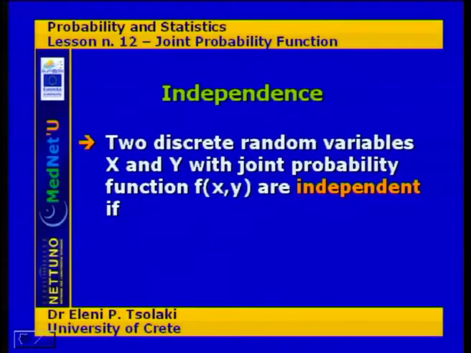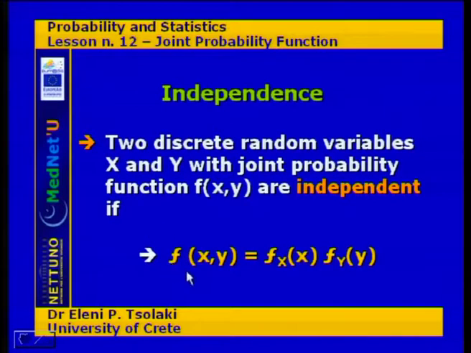Two discrete random variables, x and y, with joint probability function f_XY, are called independent if their joint probability function is equal to the marginal of x multiplied by the marginal of y.